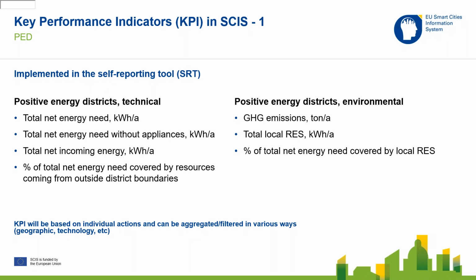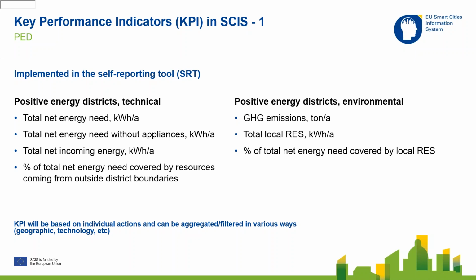Another indicator, a technical indicator, is how much of the energy need is covered by resources coming from outside the district boundaries. That is to say, how much self-consumption there is in the district.